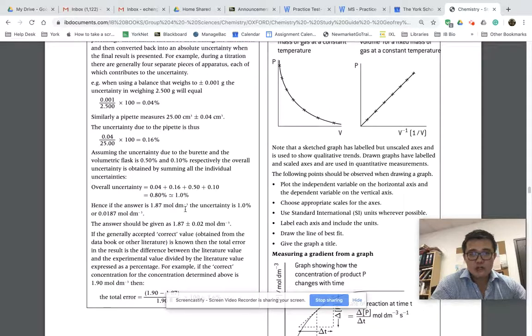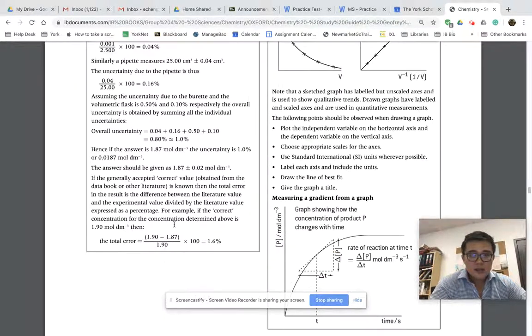You change it back, which happens to be 0.02. Technically, because it's one degree uncertainty, probably your calculation was like 0.018. So that's how you calculate your absolute uncertainty.